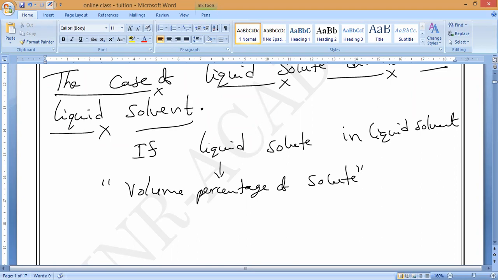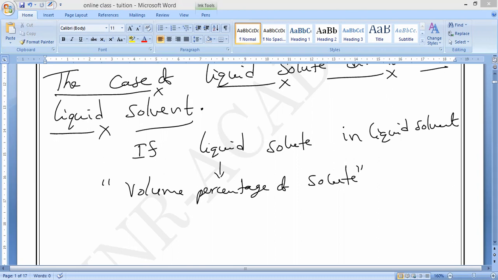Now it is liquid, so we use the volume percentage of solute in determining the concentration of a solution. We cannot find it for a large amount of solution, like 1 liter, 20 liters, or 100 liters, because it is very difficult to find the concentration.